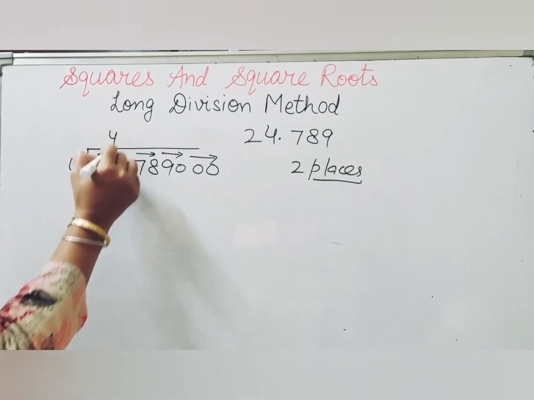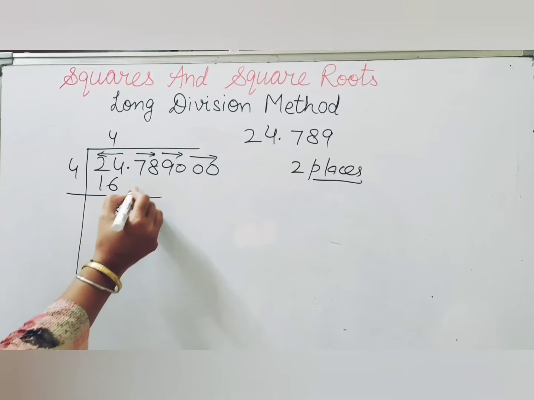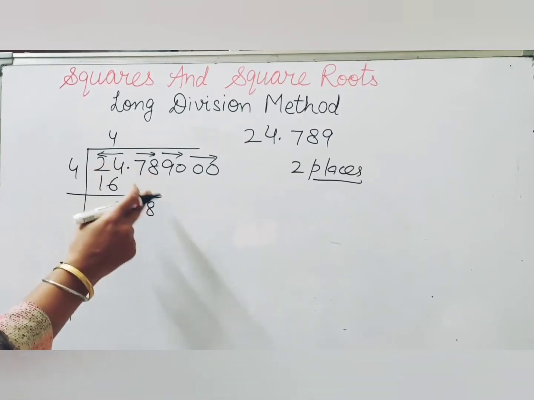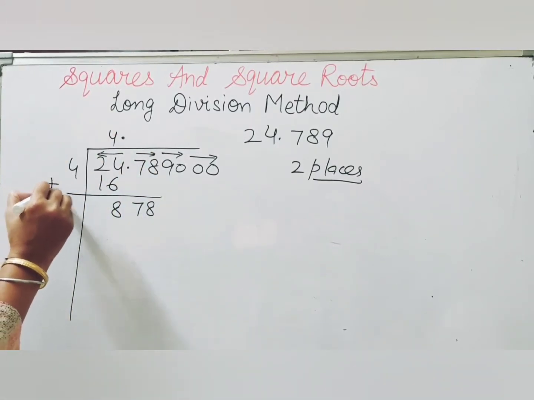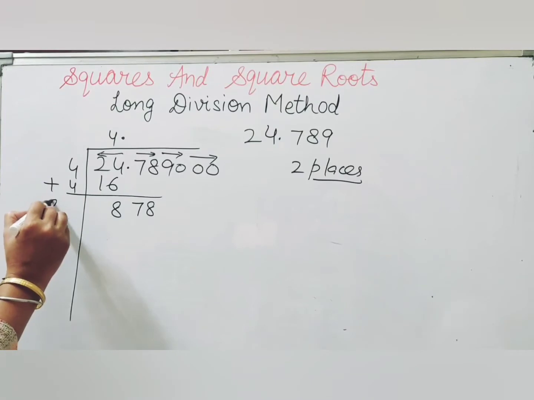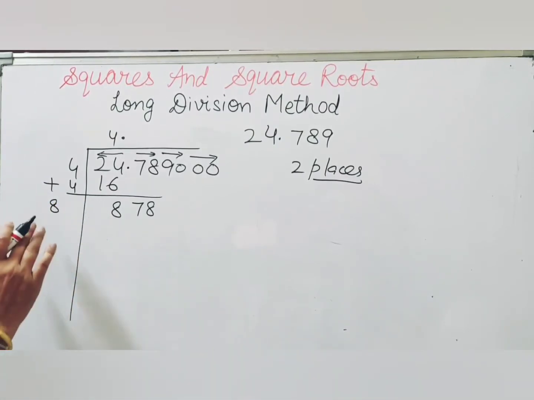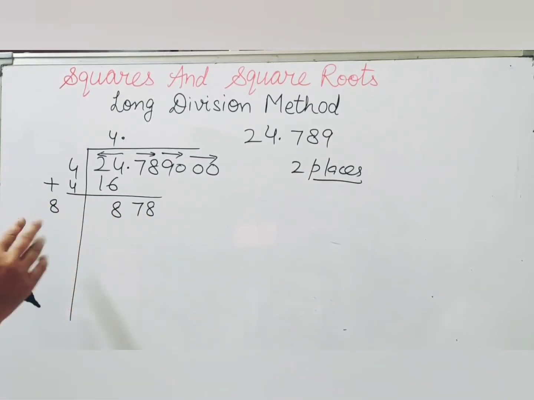4 fours are 16. Then subtract, it would be 8. And now I am carrying down the pair from after the decimal, so I have to put the decimal in the quotient also. And on this side, add the quotient, 4 plus 4, 8. Then check this. What number do we have to put here?